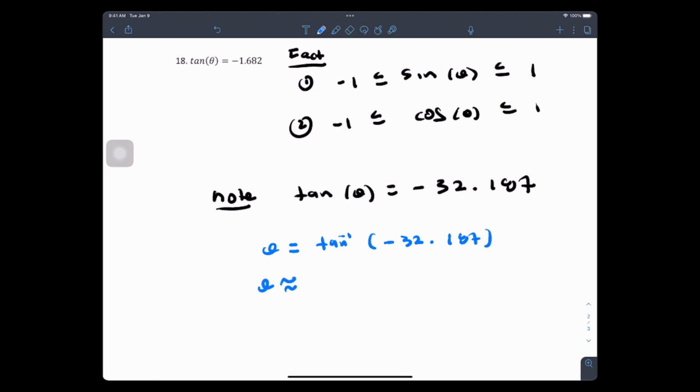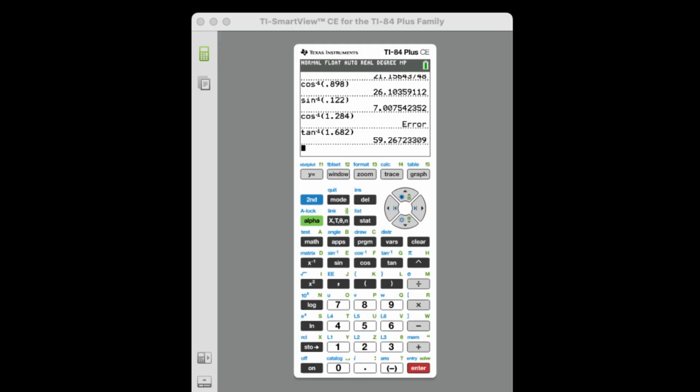Now, using our TI, we can say second inverse tangent negative 32.187 here. So we get a negative angle, negative 88.2 degrees. Okay? And we'll cover this in more detail. But ladies and gentlemen, that's kind of what we get here for this.